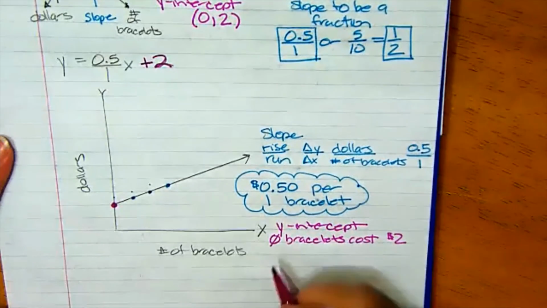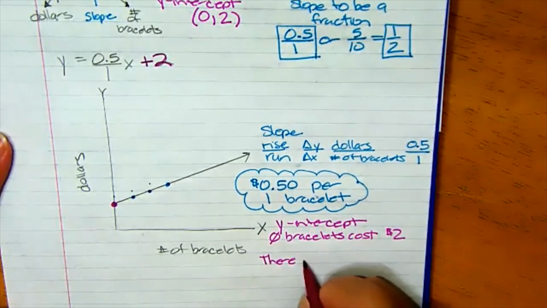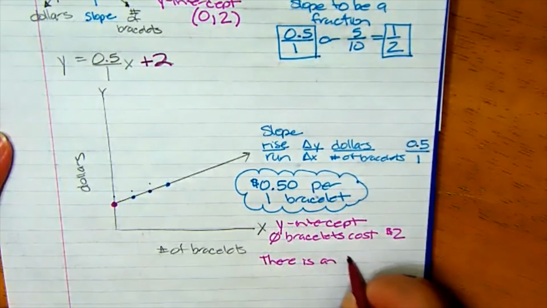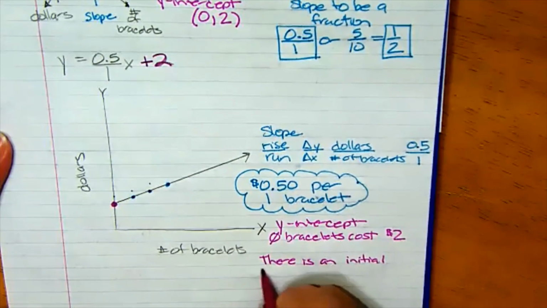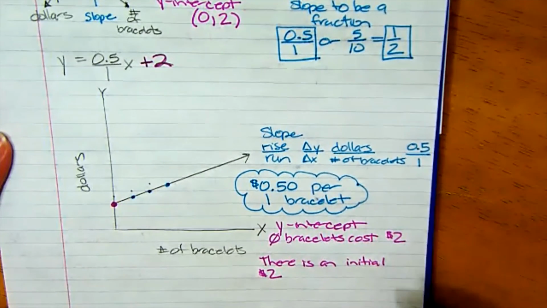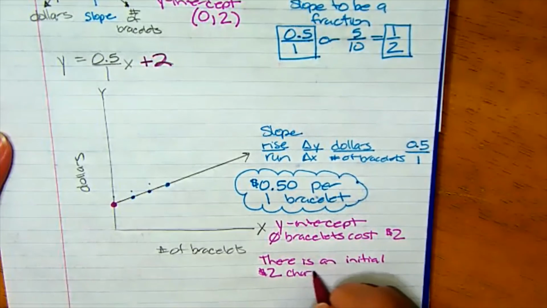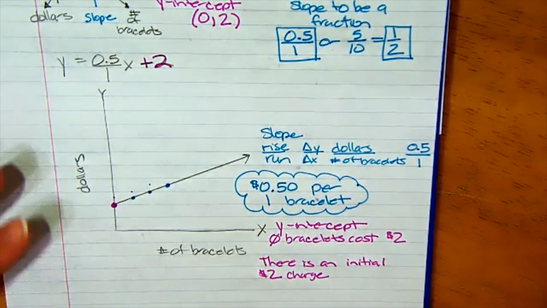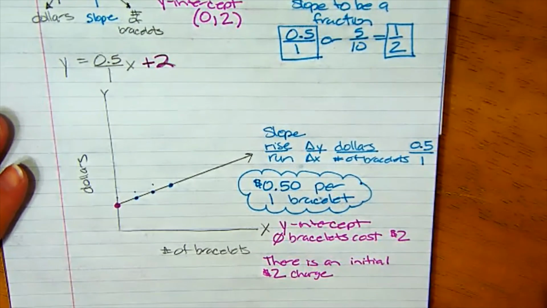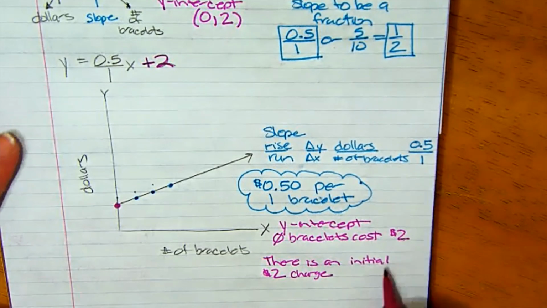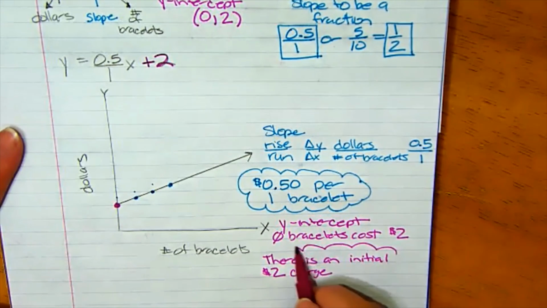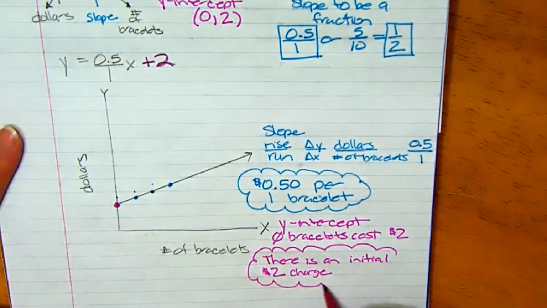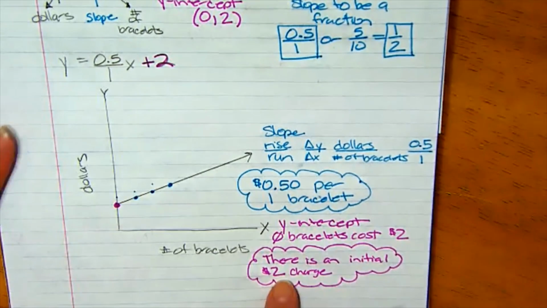It means there is an initial $2 charge to start making bracelets. So to start, maybe there was like a cost in equipment, or maybe this is the postage.